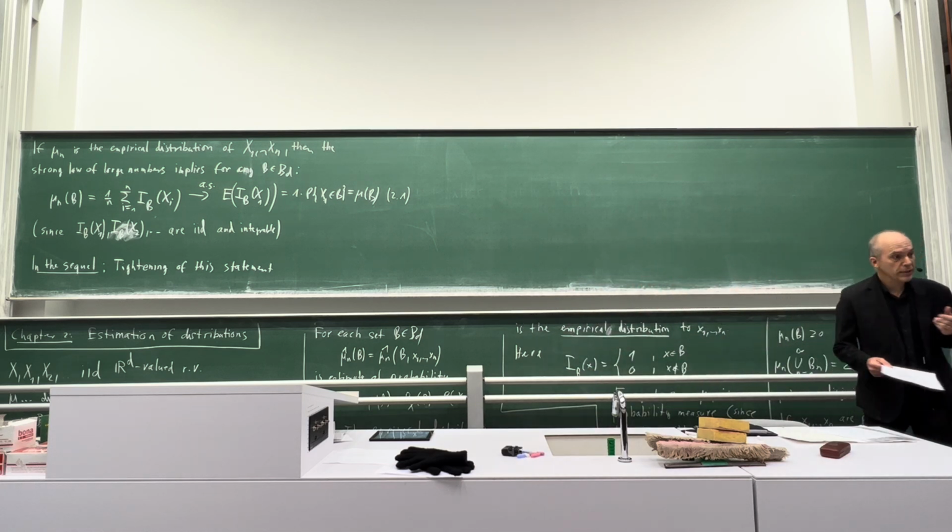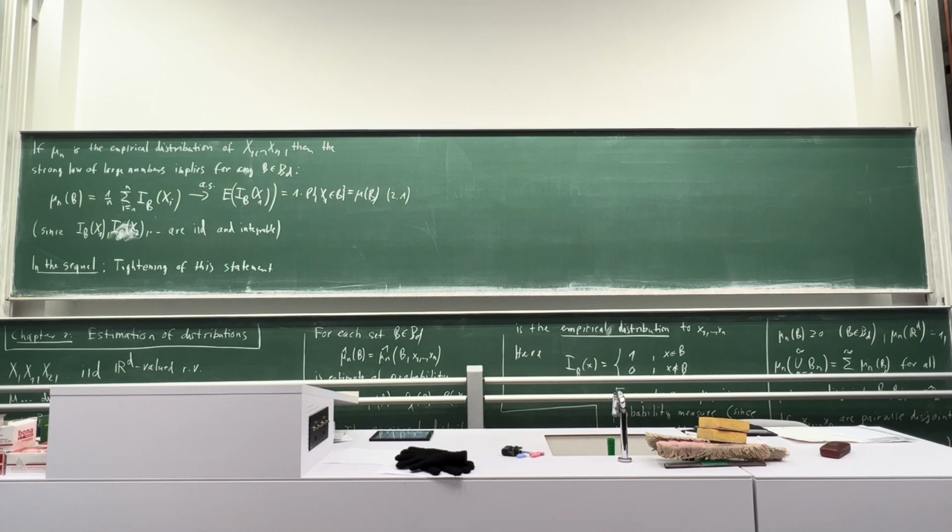I first consider the cumulative distribution function of mu, and then we will use the cumulative distribution function of mu n to estimate the cumulative distribution function of mu.